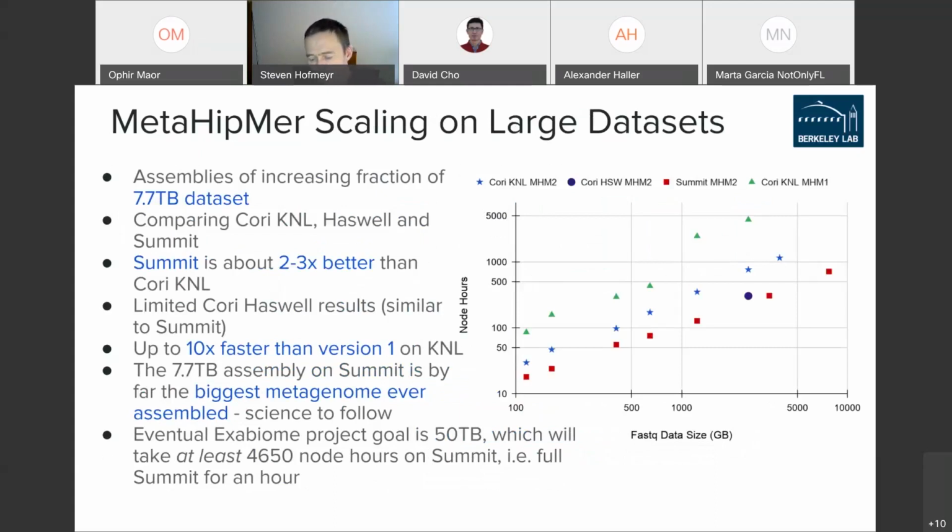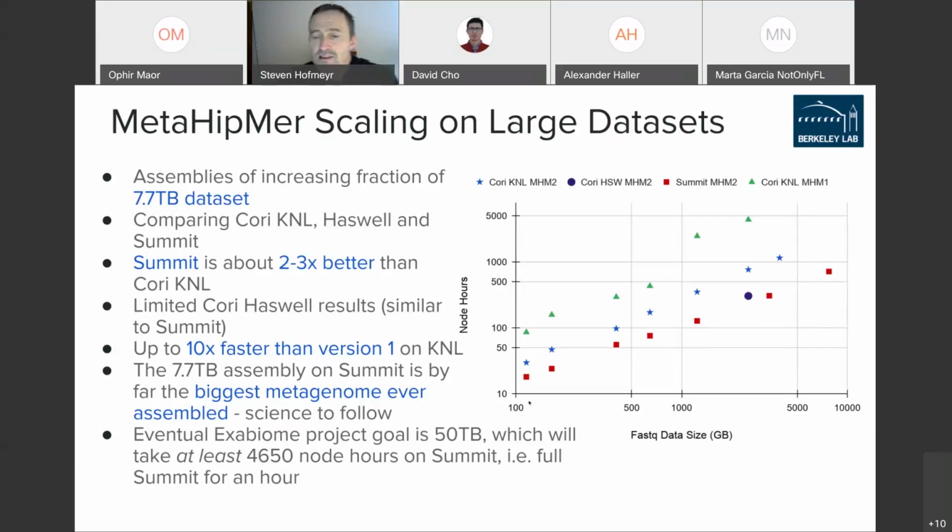This is the biggest data set that's ever been co-assembled, and the biologists are busy looking at the results and starting to discover some interesting stuff about it, because they can get information from this assembly that they couldn't get otherwise.